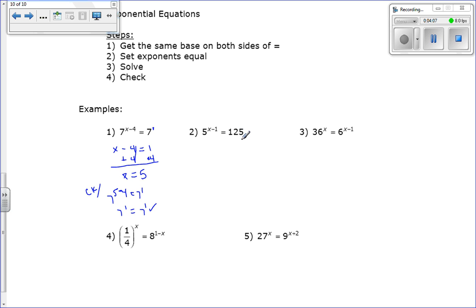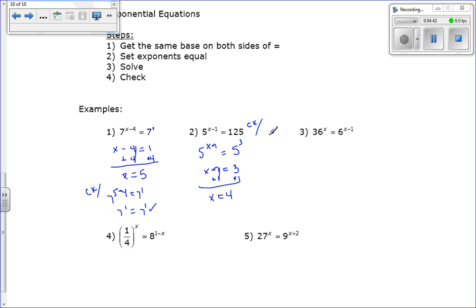For number 2, this time it's not as easy because my bases are not the same. I can't make a base bigger, but I can make a base smaller. So I can't make 5 smaller, but I can make 125 smaller. So we keep our 5 to the x minus 1 equals 5 to the 3rd. Take my exponent, x minus 1, set it equal to 3, add 1 to both sides, so x equals 4.